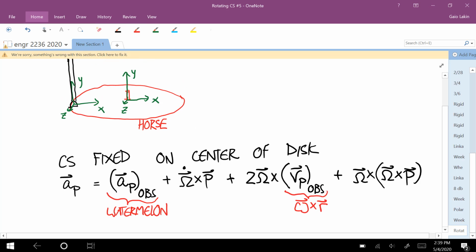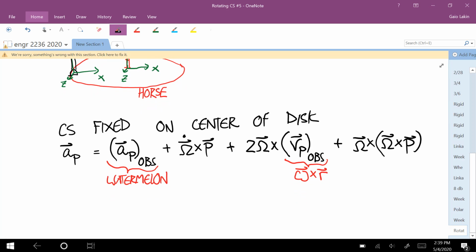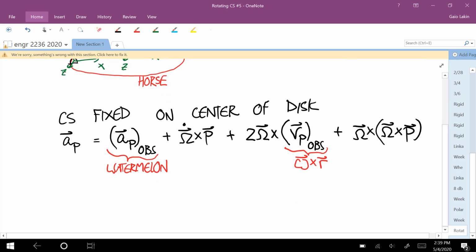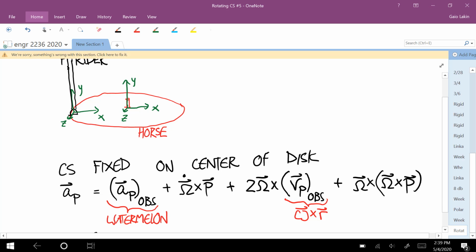Well, let's figure out what some of these things are. First, the P vector, the position vector, in our coordinate system. And remember, our coordinate system that we're doing here is at the center of the disk.